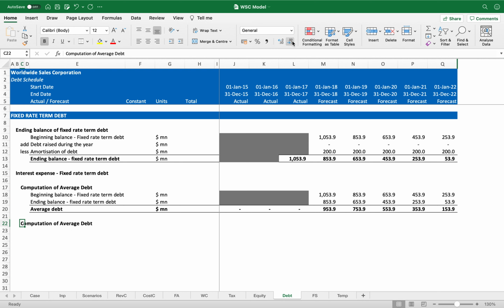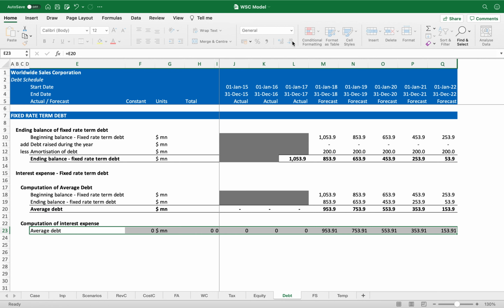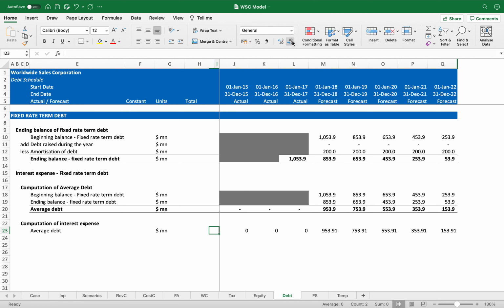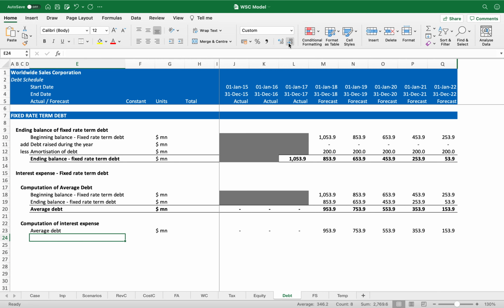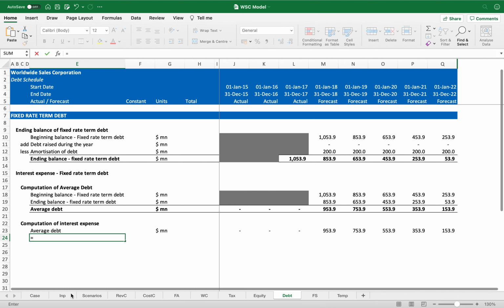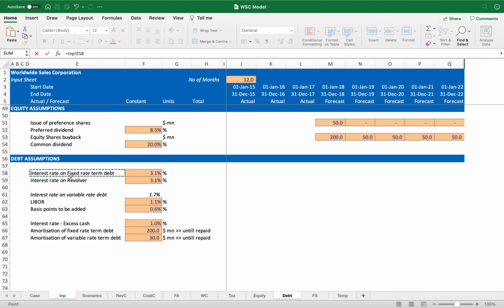Now I can compute my interest expense. I have average debt, just computed above. And interest rate I can bring in from my input sheet.